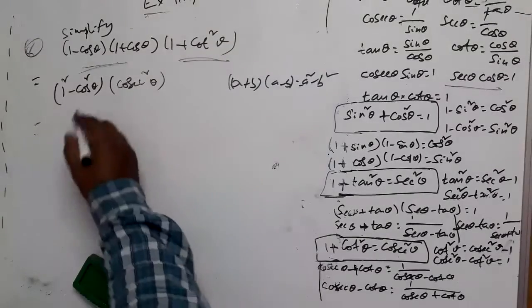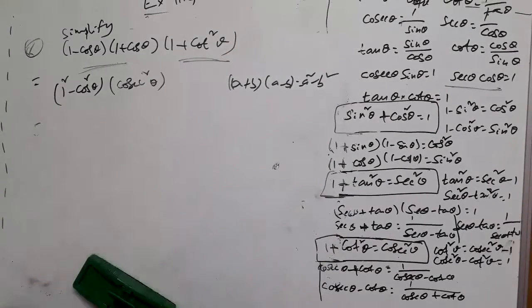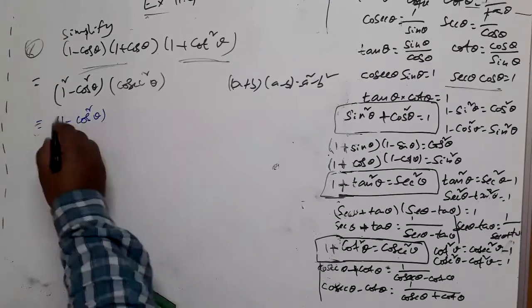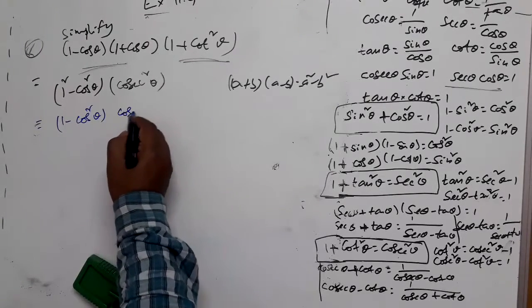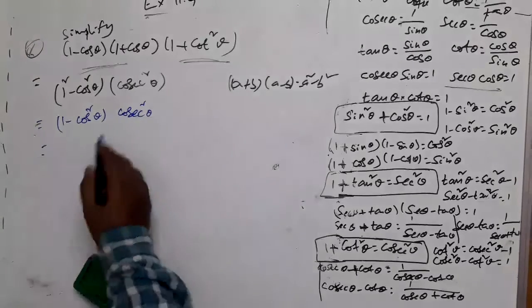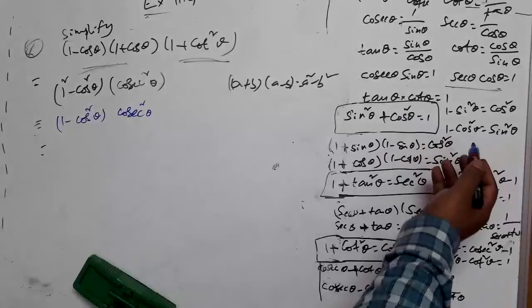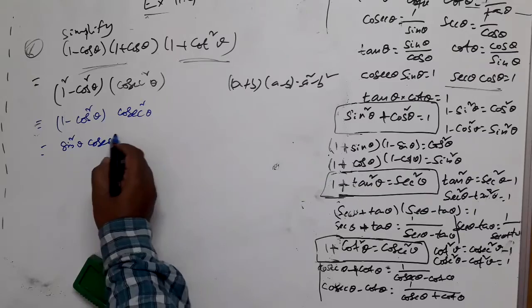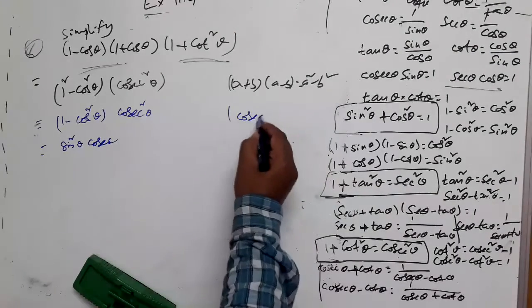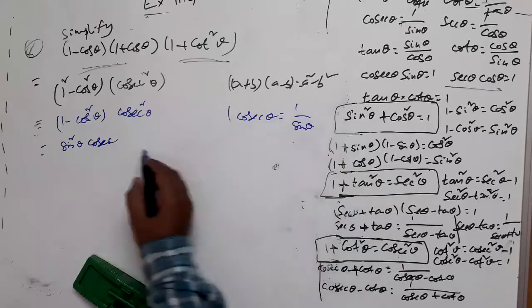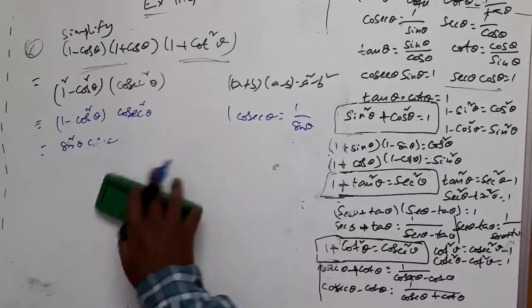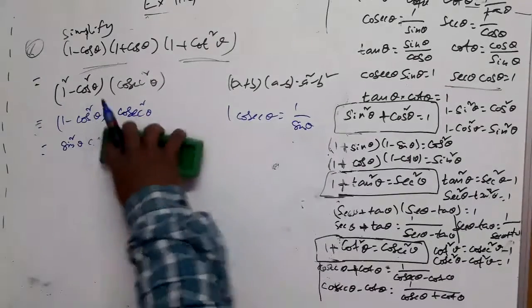Now this is 1 minus cos square theta multiplied by cosec square theta. What is 1 minus cos square theta? From the first identity, sin square theta. So this is sin square theta multiplied by cosecant square theta. But cosecant theta is the reciprocal of sin theta, so in the place of cosecant theta, I will write 1 by sin theta.